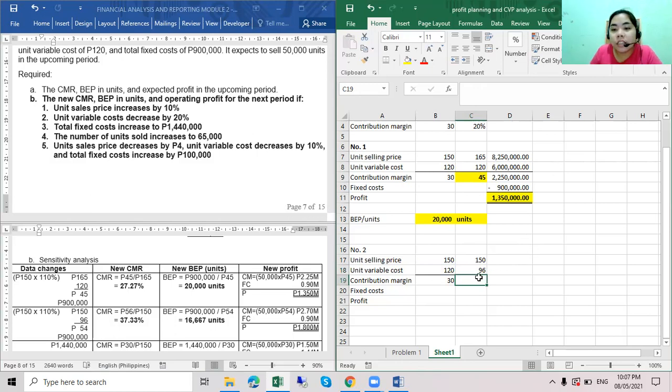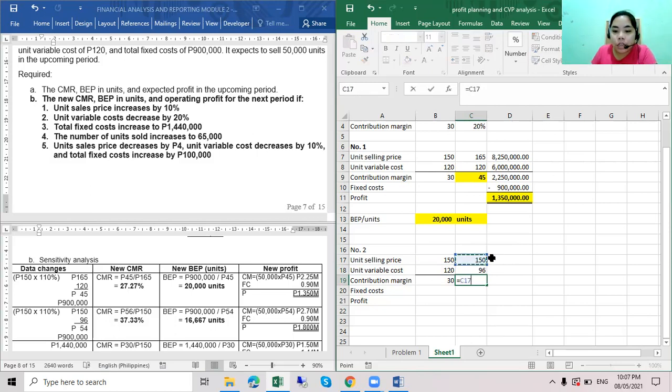So na-decrease na ni siya by 20% from 120. Kailain man na karon maghambal siya nga nag-decrease to 20%. So that's very low na, no? From 120 to 20% of 120 amo na siya class.